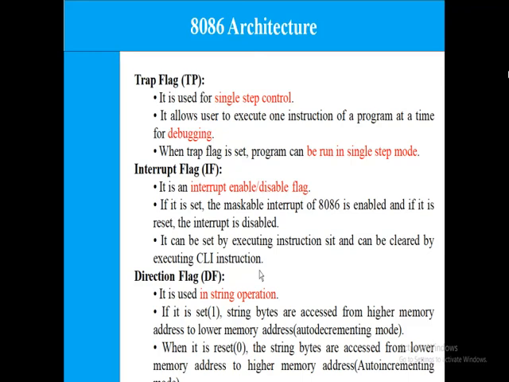If the top address is 9, then it goes 9, 8, 7, 6, etc. When it is set, it is known as auto decrementing mode.